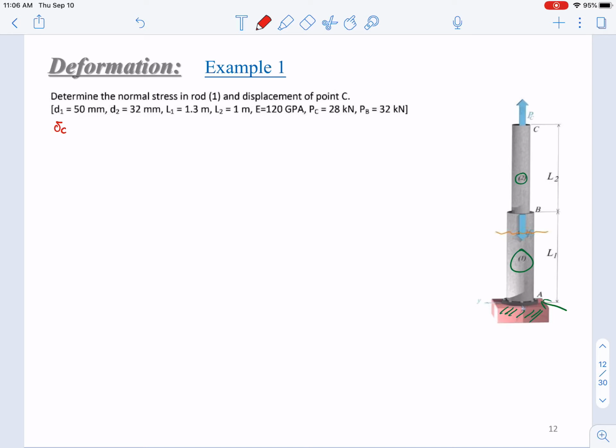We will use the equations we just learned to calculate the deformation of part 1 and the deformation of part 2. You add them together, and you will get the overall deformation of this whole column, and that equals the displacement of point C. So this equals delta AC.